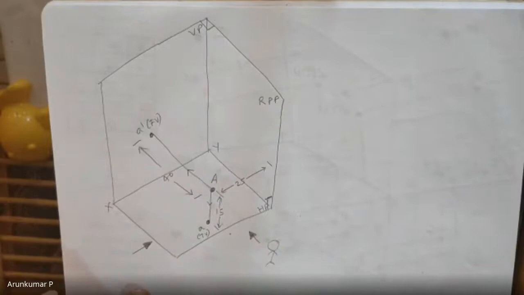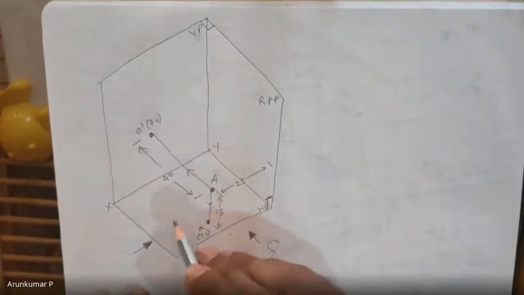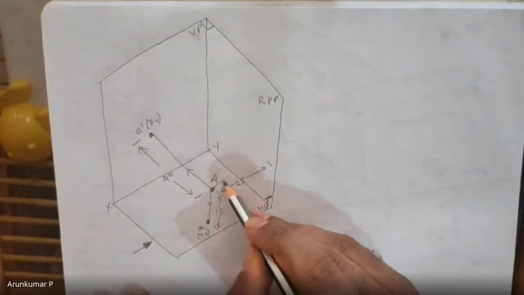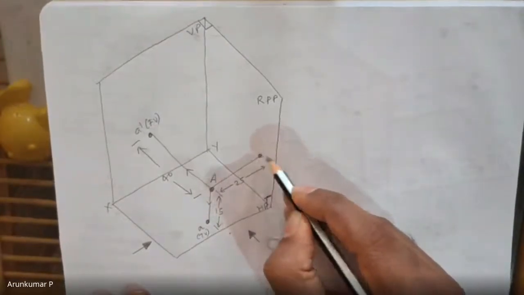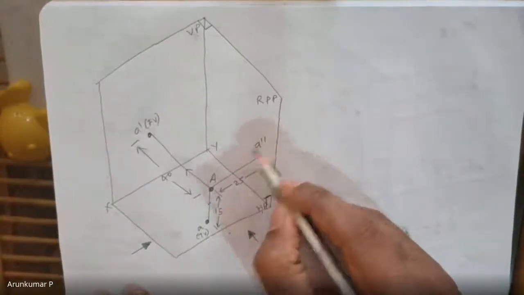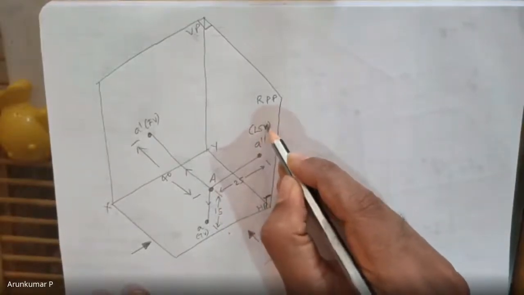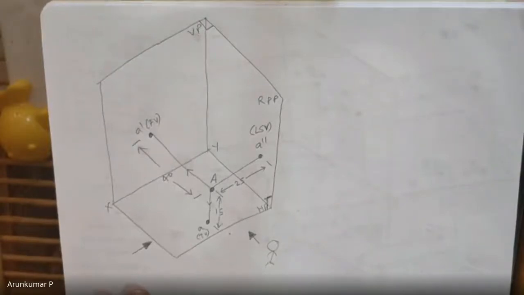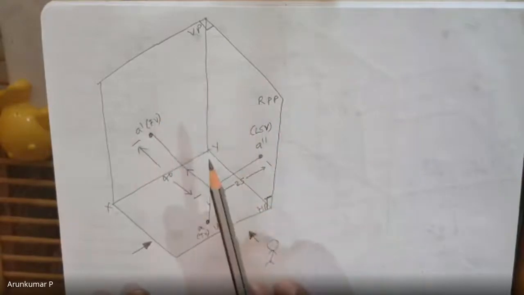If you look at the object from the left side, then the rays of light are going to pass through A and then come and hit the right profile plane somewhere here. So this would be A double dash, your side view. And which side view is this? Your left side view. Why left side view? Because you are viewing from the left. So you are getting a left side view on the right profile plane in the first quadrant.